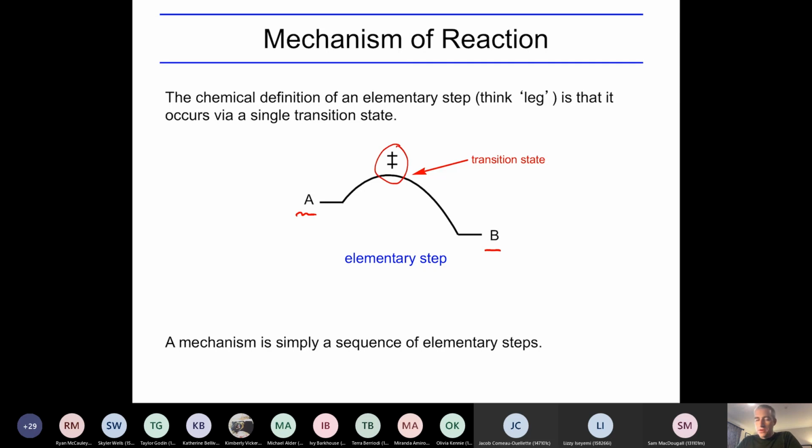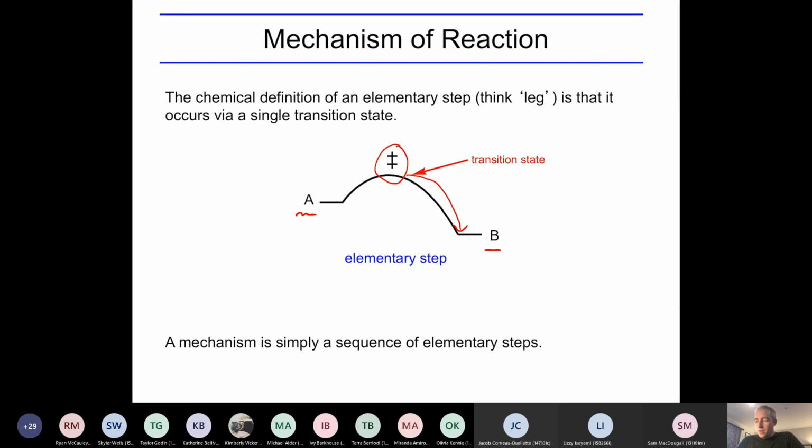It's called the transition state. Sometimes it's also called the activation complex. Basically, in order to get from A to B, you need to put some energy into A to first get it into some higher energy state. And then once it gets past that point, it can fall downhill and create the next product, B.